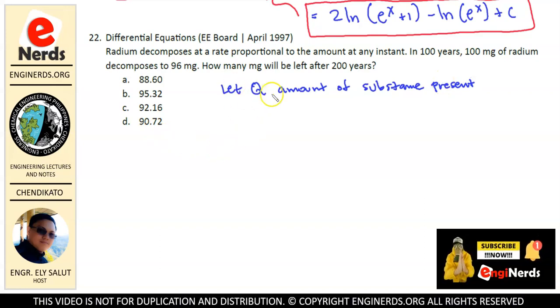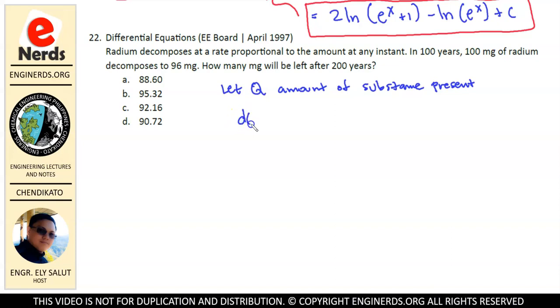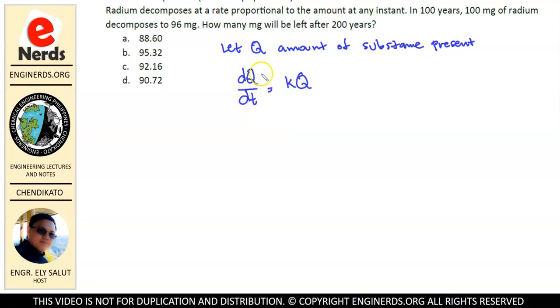Our amount of the substance present changes with time, so we have dq over dt. Its value is changing, so we have here a constant k times our amount present. We're going to take the integral of this. First we need to put the same variables together on one side of our equation, so we have dq over q, and we moved q to the left side, and we have the integral of k dt.